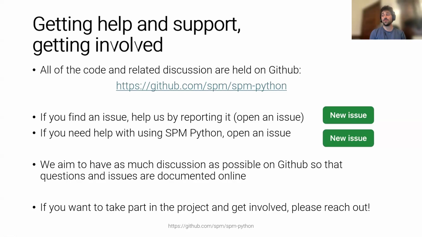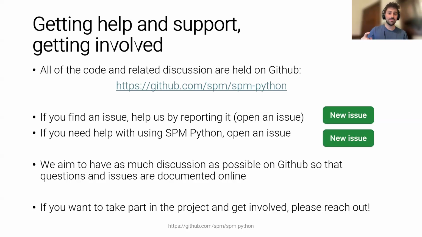If you need help with something, also open an issue. It would be very surprising if no one has the same issue as you. And the idea is that if everyone that needs help opens an issue, then the more issues have been opened, people can go back to them, look through completed or closed issues, and see what questions have already been answered.